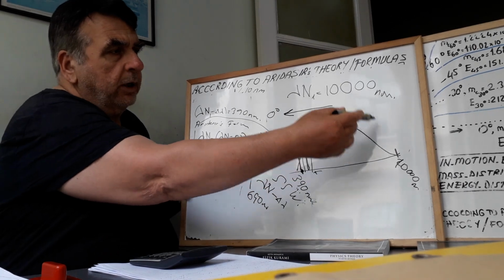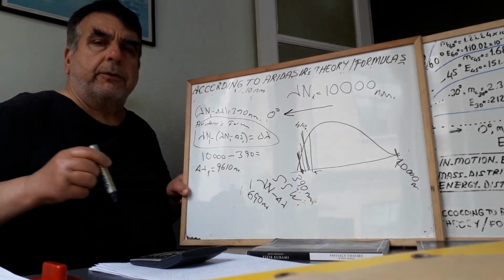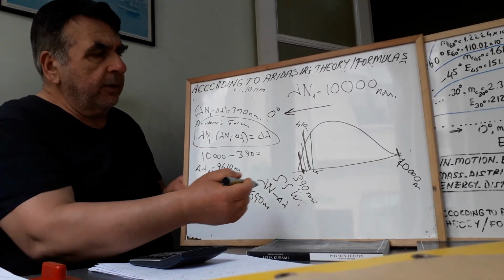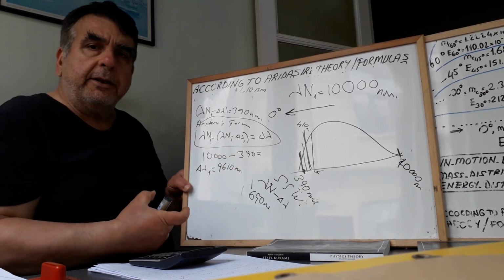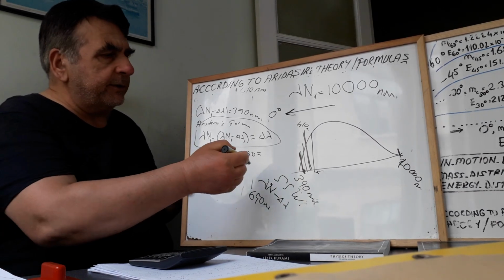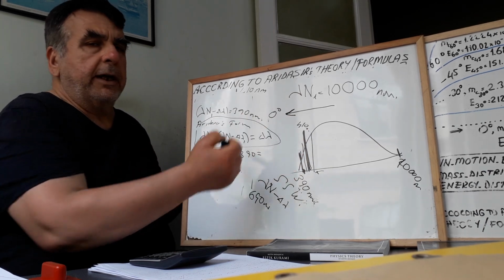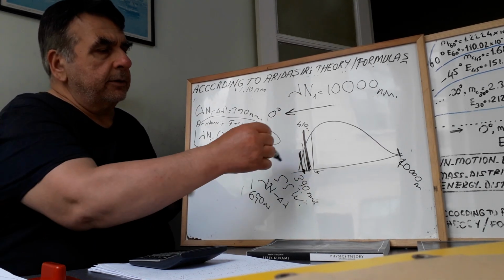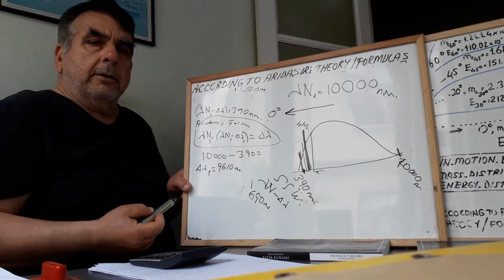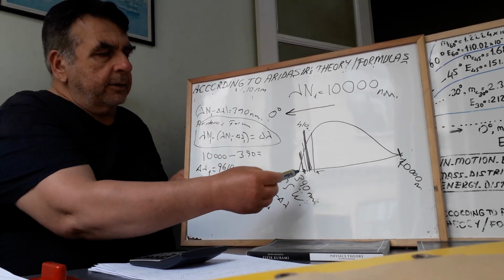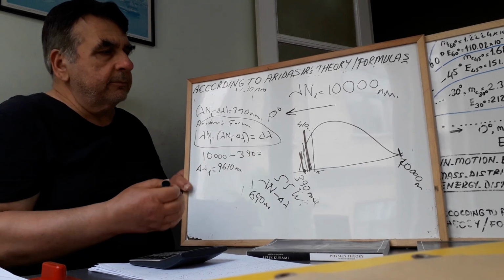Okay, what will this electron motion form's velocity be for involving this 410 nanometer hydrogen line and visible light band?